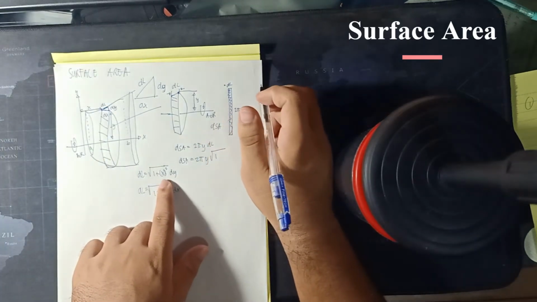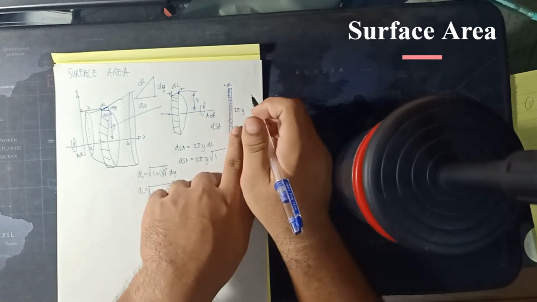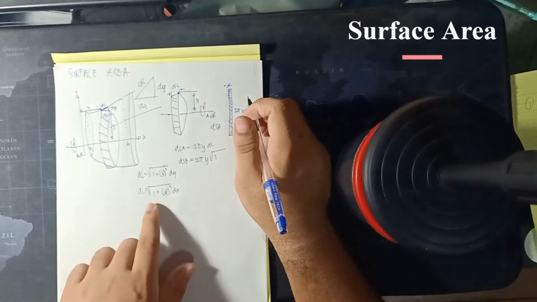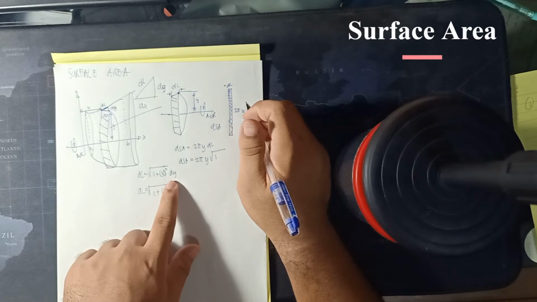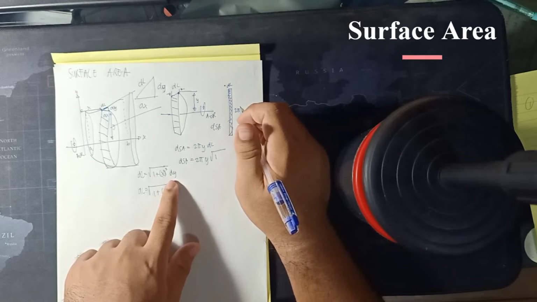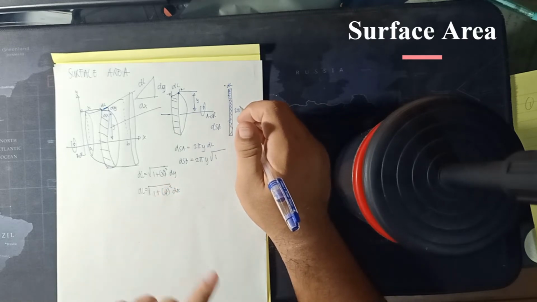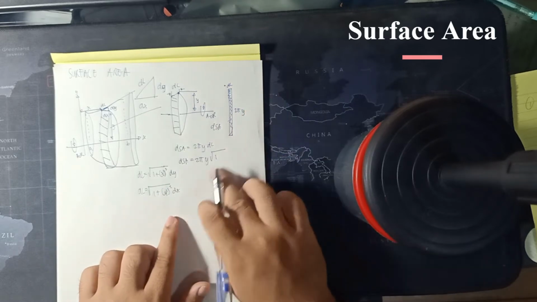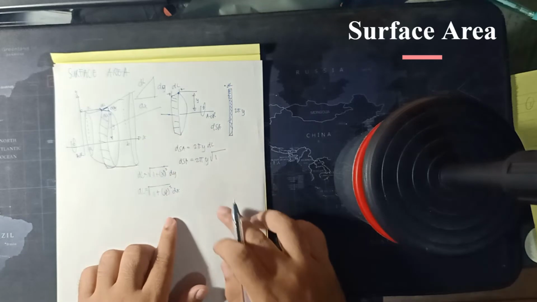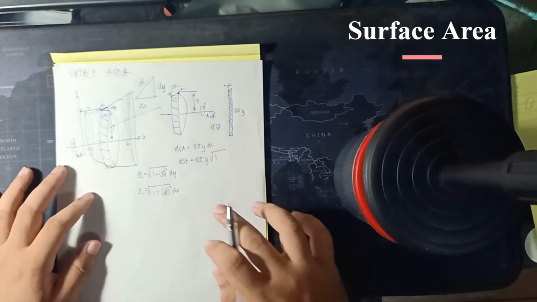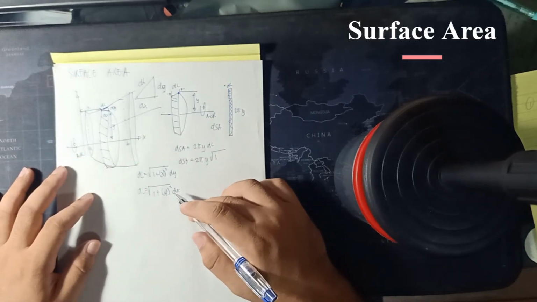Because we're on the x-axis, we need to use your dx. Our rotation is on the x-axis, so we're gonna use dx.